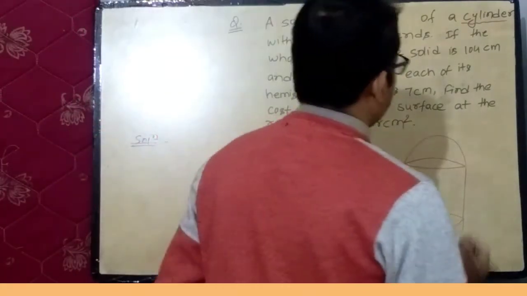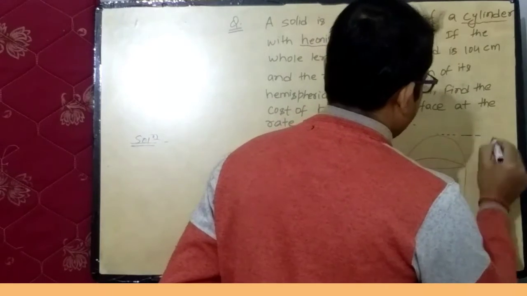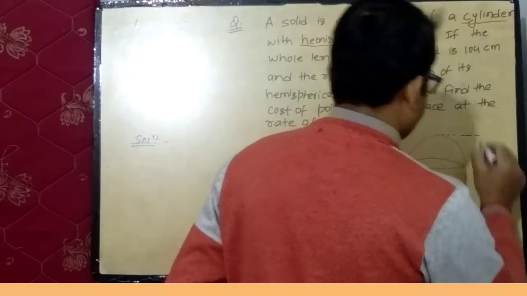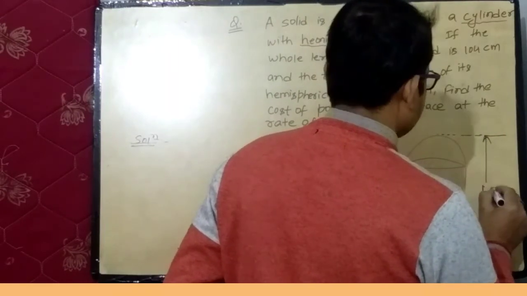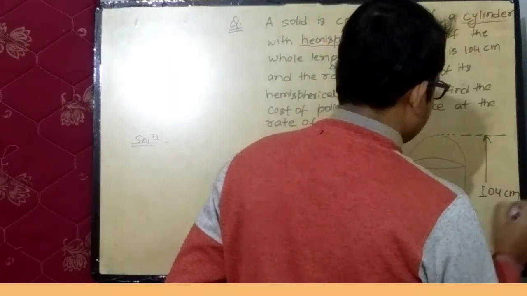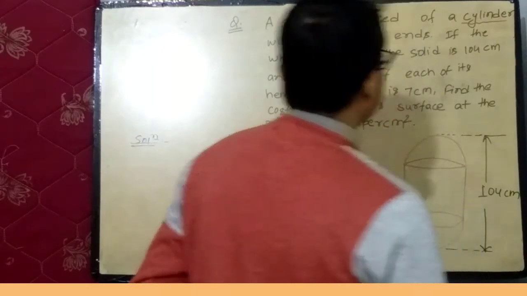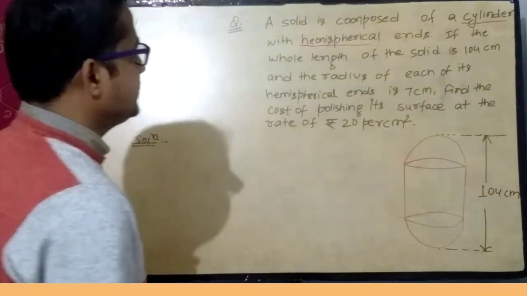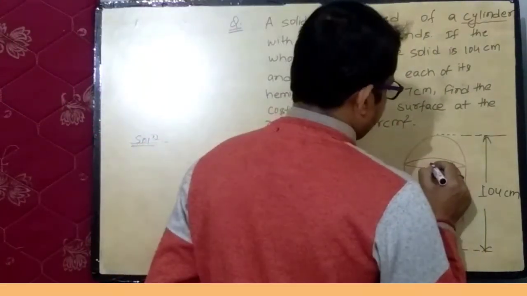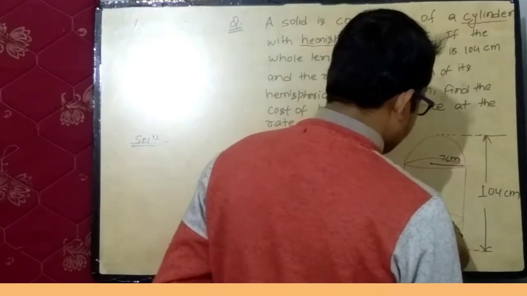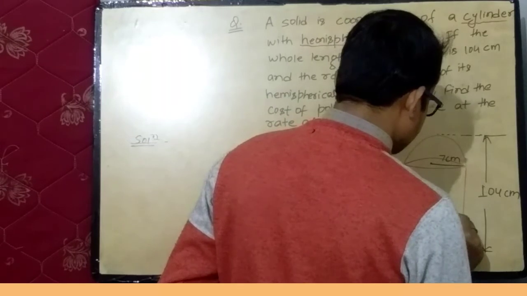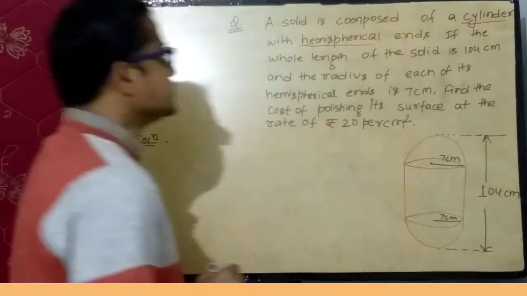It is given that the total length of this object is 104 centimeter and the radius of each hemisphere is 7 centimeter.